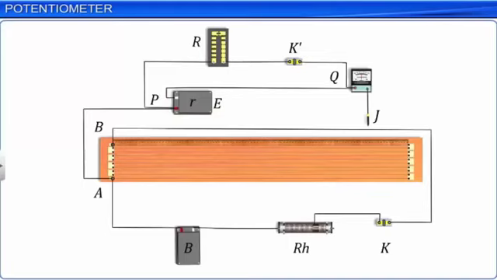An external known resistance R through a resistance box is connected to the cell via a key K' across points P and Q. Here is the circuit diagram for the arrangement.